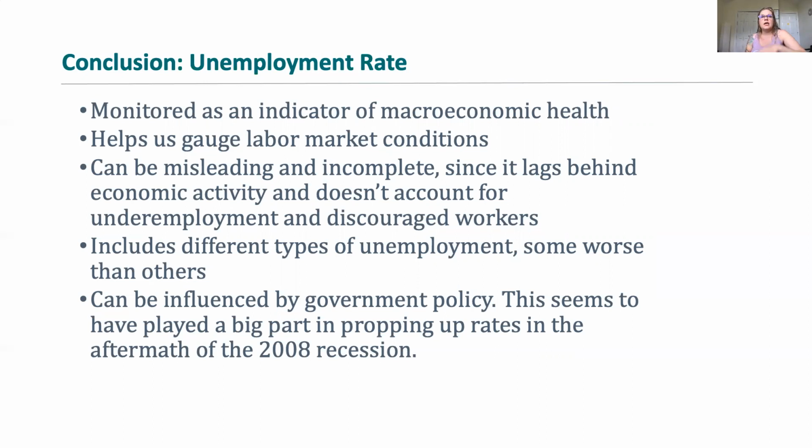So the unemployment rate includes structural, frictional, and cyclical unemployment. And really, structural and frictional unemployment are natural and part of a healthy working economy. It's cyclical unemployment that is the result of economic downturns that we have to be concerned about.